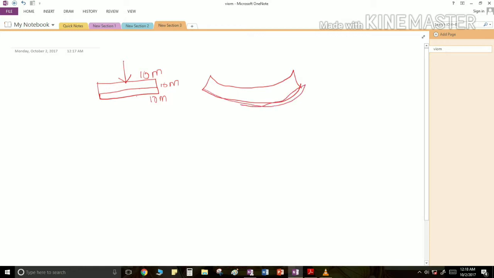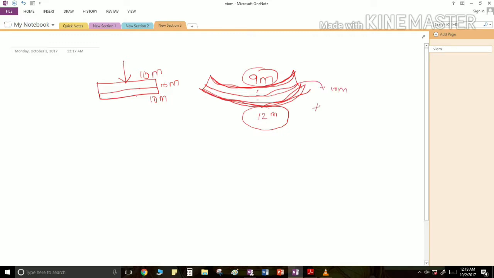If you observe clearly, this part will surely expand and become some 12 meters, and this part will surely contract, and instead of 10 it will become some 9. Somewhere between 9 and 12 there exists 10. So 9, 10, 11, 12.